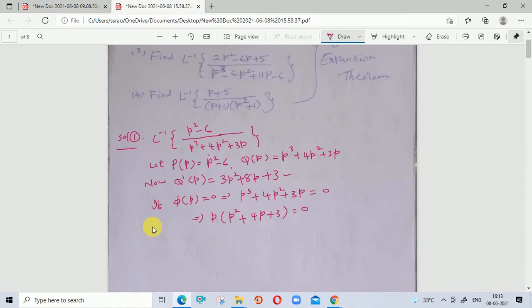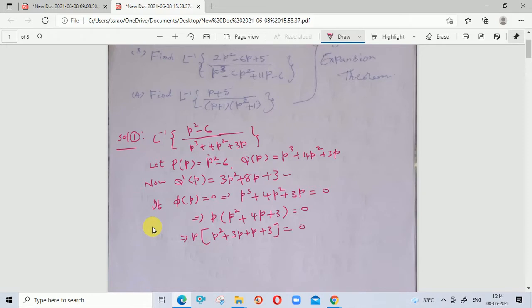So that implies p into, ఇక్కడ ఫ్యాక్టరైజేషన్ చేద్దాం. p square plus, ఫ్యాక్టరైజేషన్ చేస్తే 4p ని 3p plus p అని రాసుకోవచ్చు, plus 3 is equal to 0.